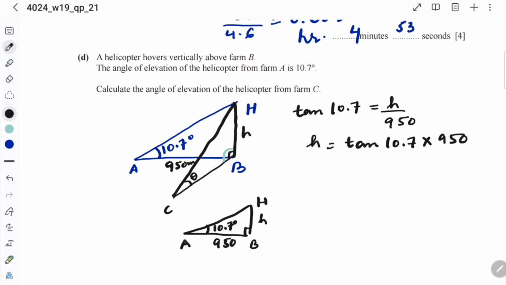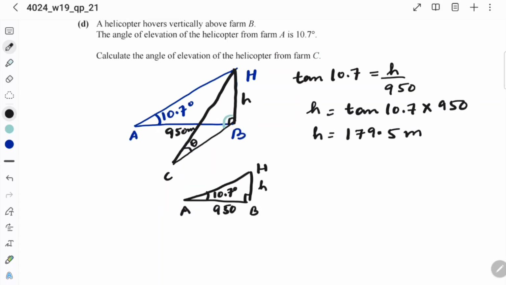Whenever you multiply, you will get the height equal to 179.5. I've already calculated, so for saving time I'm not showing the calculations again. So height will be equal to 179.5.